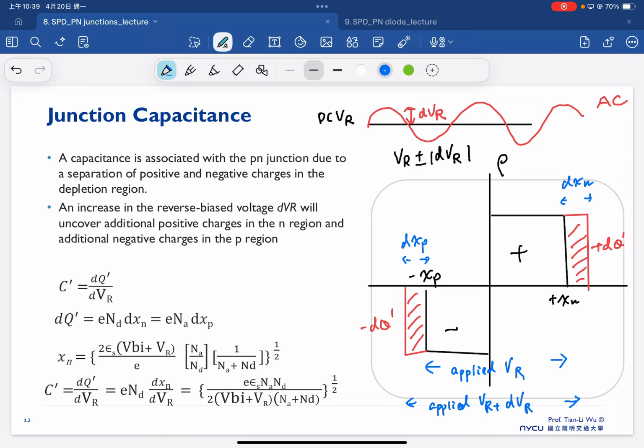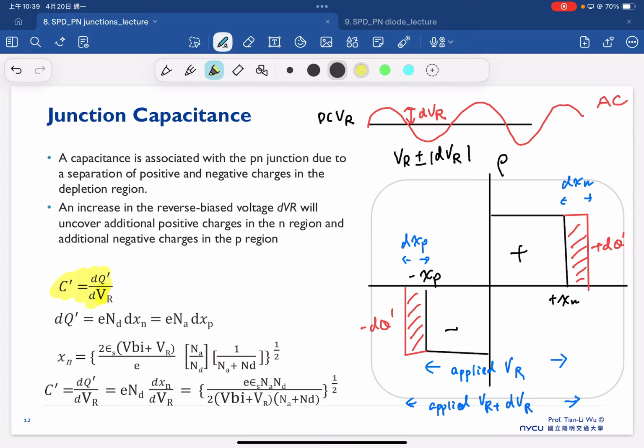And we all know, if you look at the basic capacitor definition, the capacitance is mainly related to the charge versus the voltage, which is shown here. So once we have this additional charge due to the additional bias, we can start to have this capacitance. Therefore, we can use this concept to estimate the capacitance due to this AC signal.